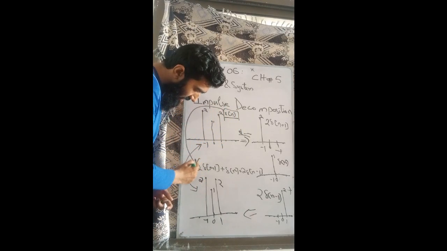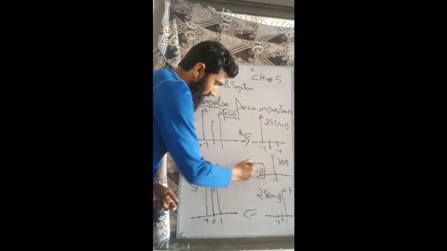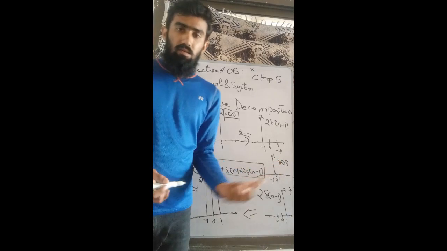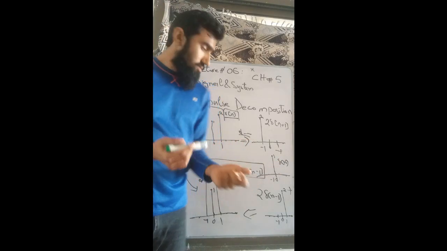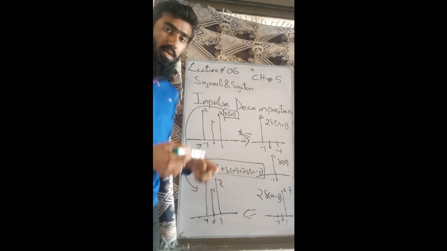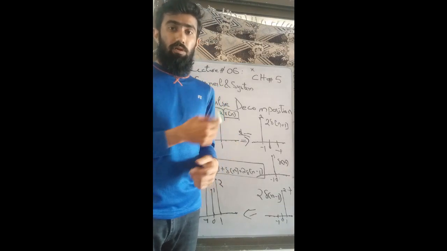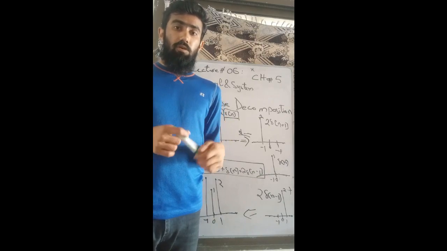into shifted and scaled versions of the impulse signal. The complex signal is decomposed into these impulse signals. This is known as the impulse decomposition, and it is very important from the DSP point of view.